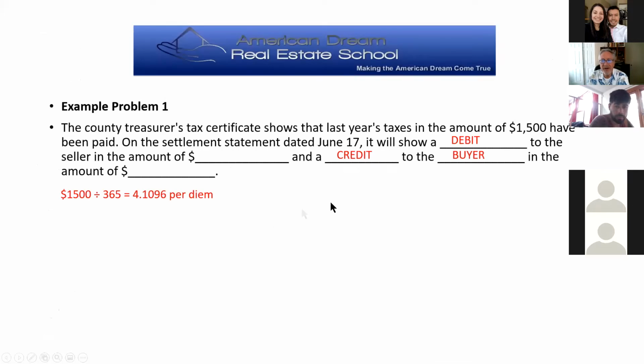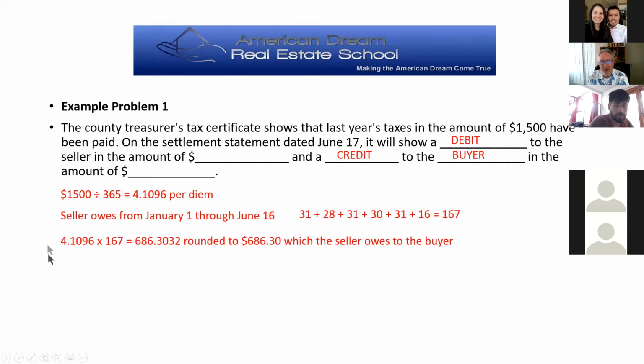Now we got to get our per diem. We take $1,500 divided by 365. That's our per diem, same thing as per day. Now I have that. We get the days, 167. I can multiply my per diem times the days.